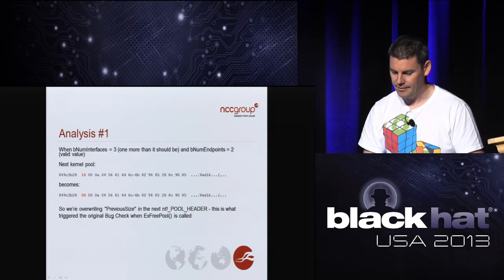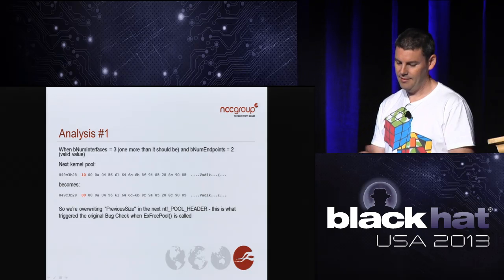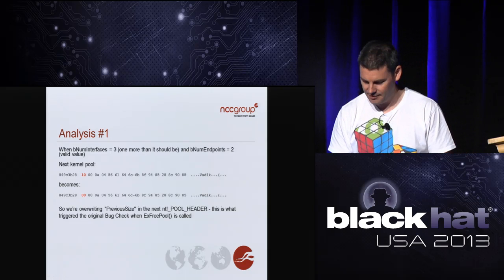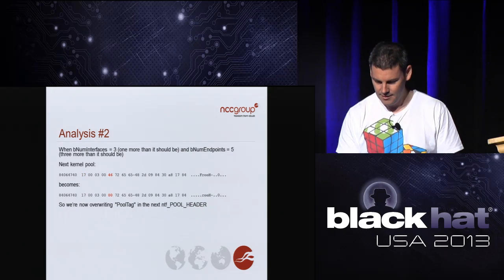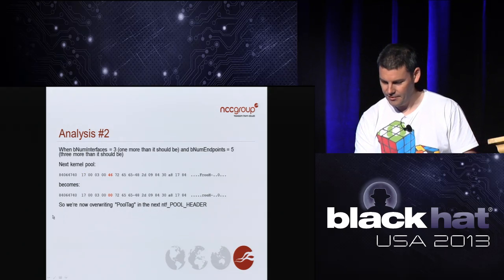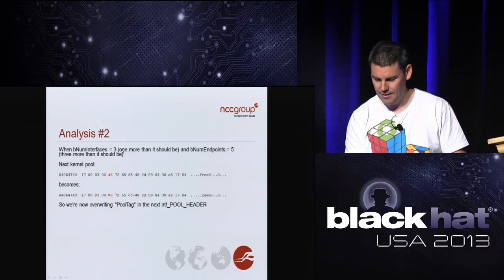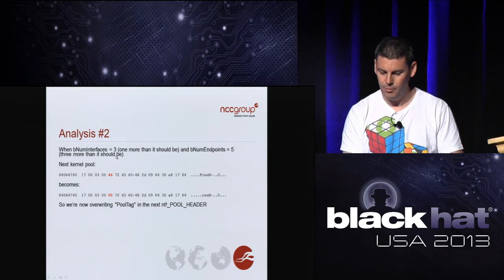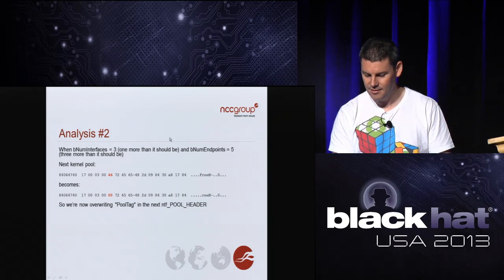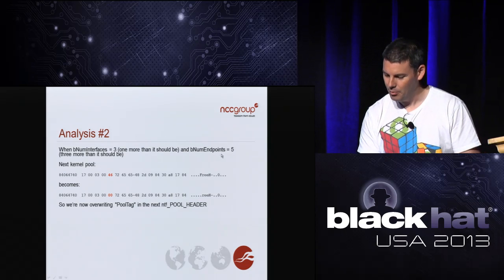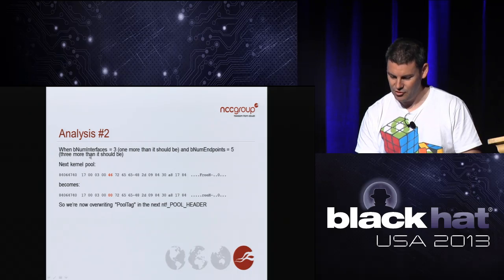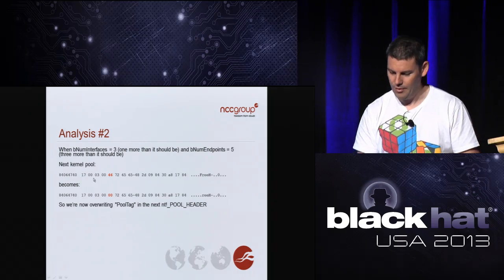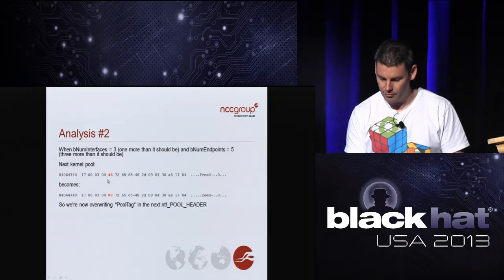We're overwriting the previous size element within the next NT pool header. Furthermore, notice that if you do one more than it should be with the bNumInterfaces and modify the number of endpoints value, you can actually decide where within that adjacent pool header you overwrite with a null.